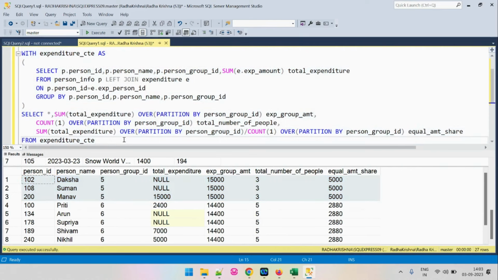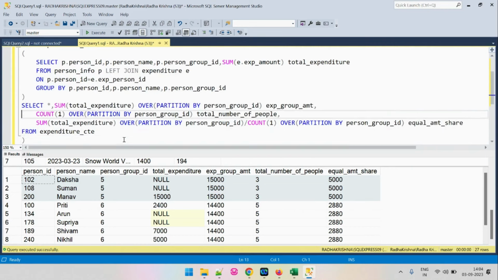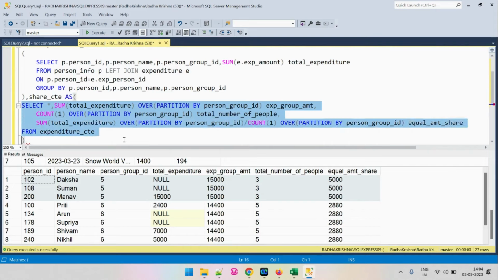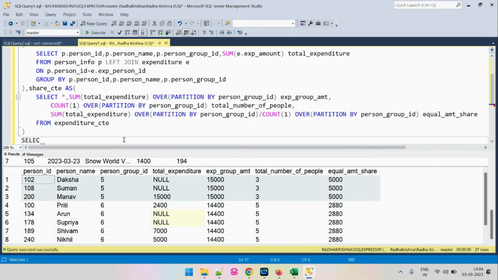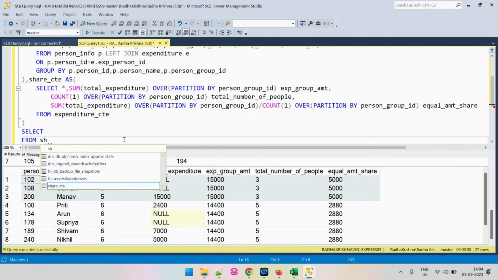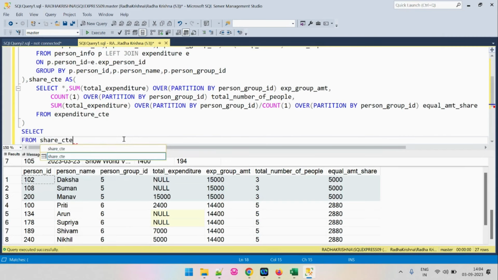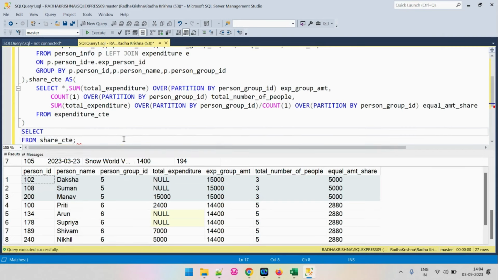So whatever data we have just created, let's add it as part of a CTE, and let's call it share CTE. We will operate on this CTE output and keep all the columns that are required from here. So we need person ID, person name, person group ID, then total expenditure, that is our derived column, and expenditure group amount.